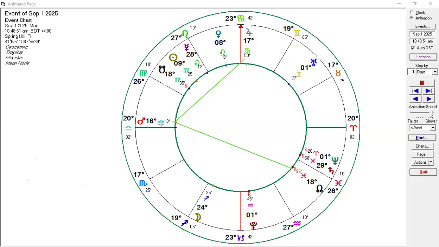Mars is cardinal, and the North Node is mutable. Mars is air, and the North Node is water. Okay, nothing in common, right? One's water, one's air, one's cardinal, one's mutable, one's masculine, one feminine, nothing in common.